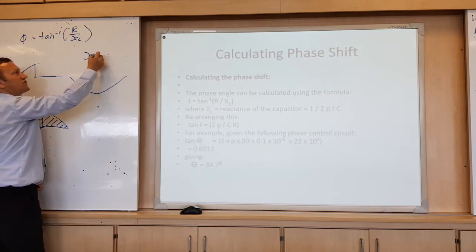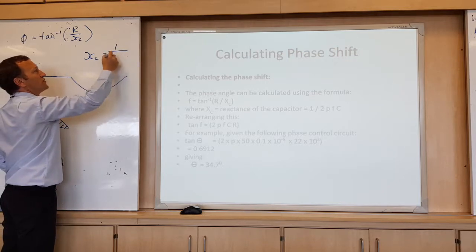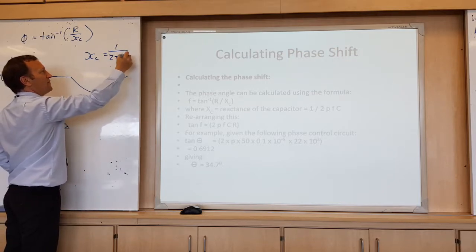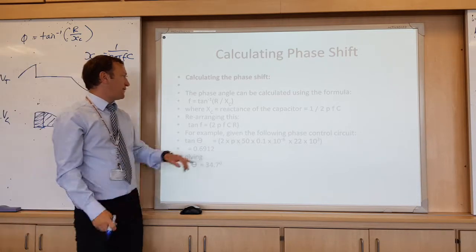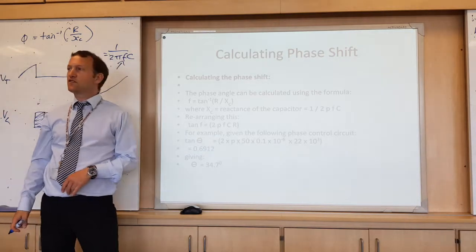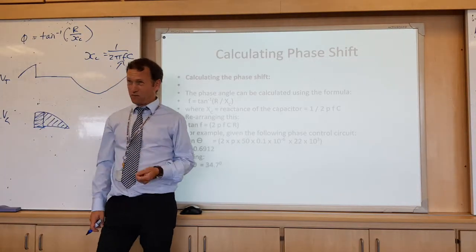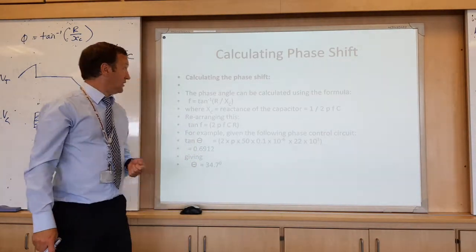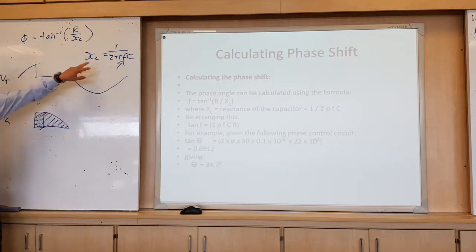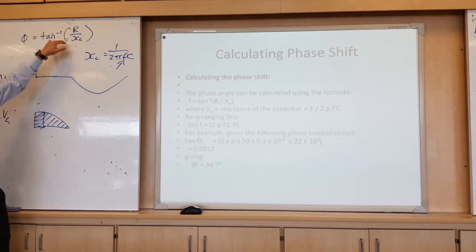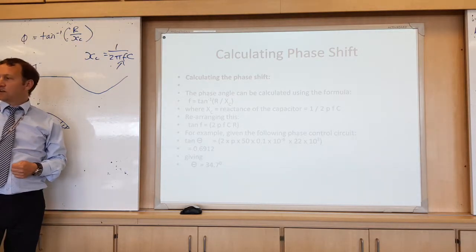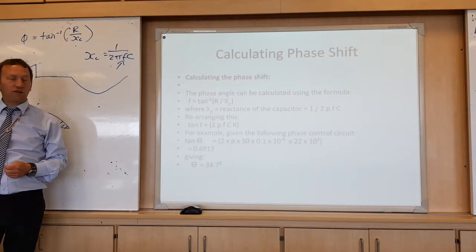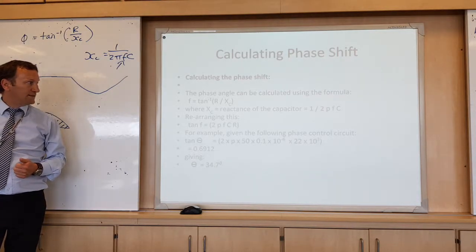XC is the reactance of a capacitor, which is 1 over 2 pi FC. Be careful there, F is always 50 because the mains frequency is 50 Hertz, and they don't always give you that. So we work out XC from the value of the capacitor, take the value of R and do inverse tan, and that gives us the phase angle. It's just calculator bashing really, and knowing what your formulas are.